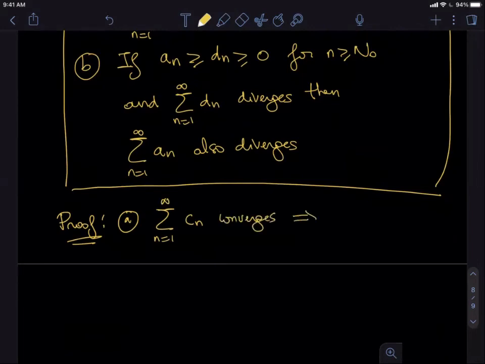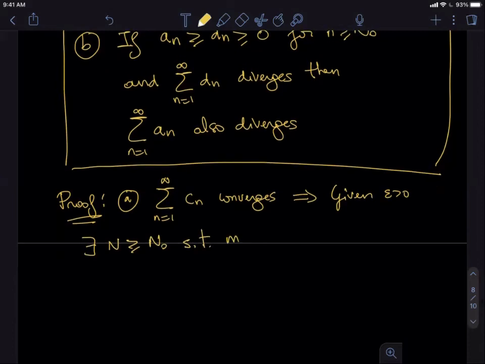That means by definition that given epsilon, there exists some n large enough, bigger or equal than n0, such that m bigger or equal than n bigger or equal than n implies the sum from n to m of the ck is less or equal than epsilon.